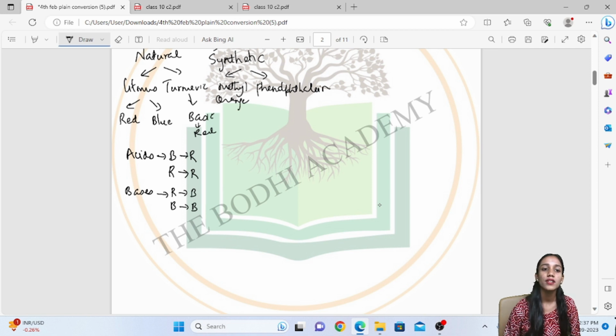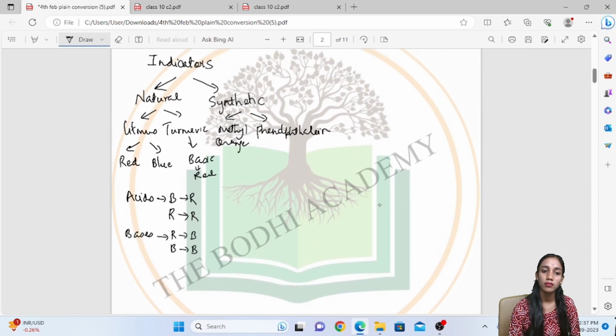What is the reason behind it? The reason is that curry contains turmeric, and turmeric is an indicator of bases, and soap is a basic substance. Soap being basic, the turmeric indicates the basicity of the soap by turning red. That is the reason the curry stain becomes red after applying soap on the cloth.